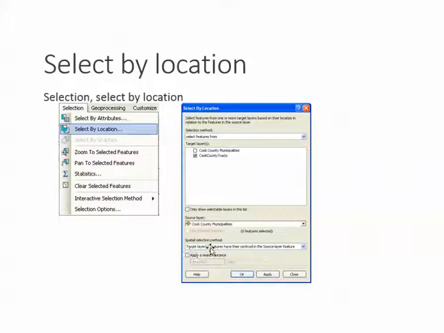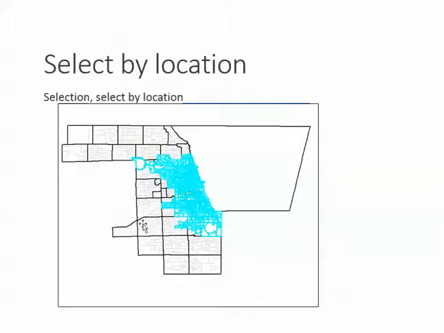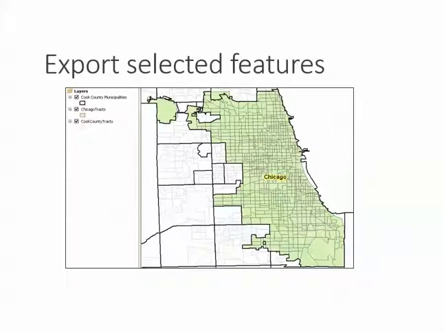And we choose target layer features that have their centroid in the source layer feature. This is going to get you a very exact match with your selection of what falls within the city limit of Chicago. The result is all of the census tracts that are within the city limits of Chicago, and that is your new area of interest.